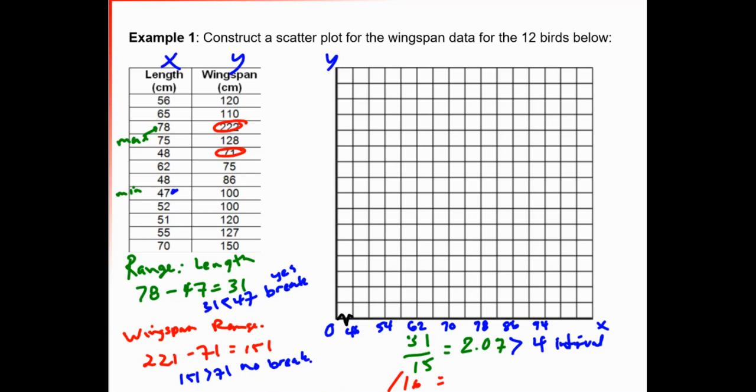We want to go to our max, 222. 222 divided by 16 is 13.9.